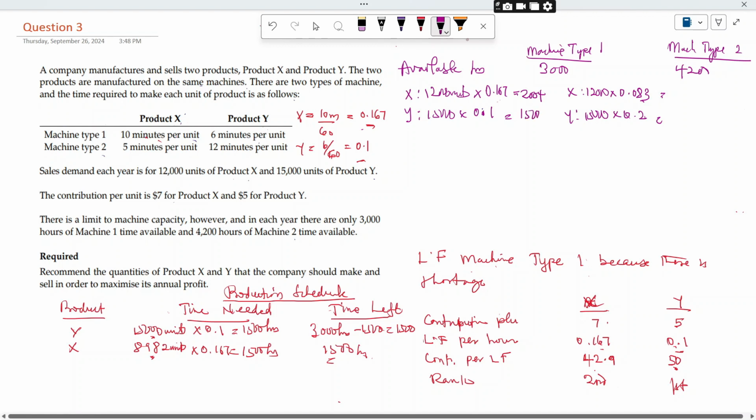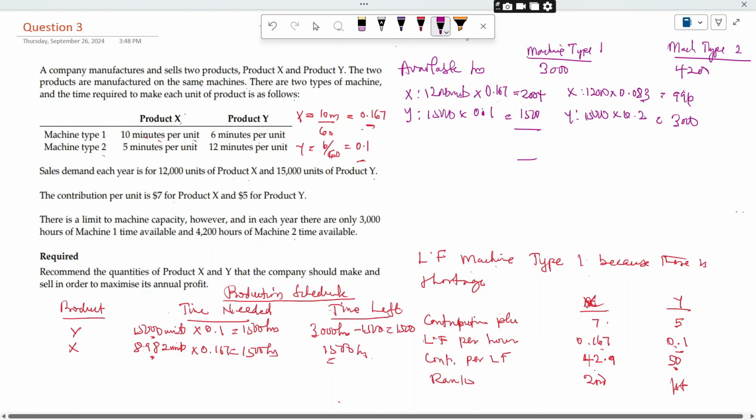Now 12,000 times 0.083 is 996, and 15,000 times 0.2 is 3,000.